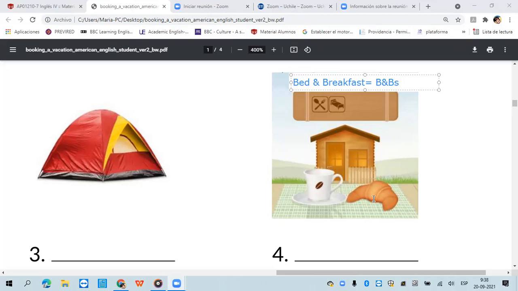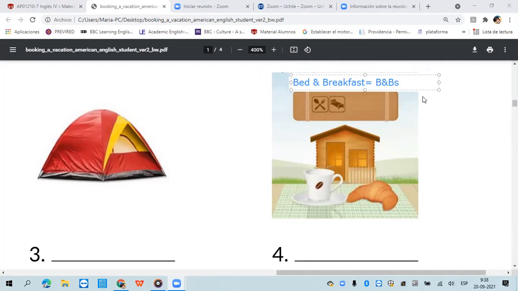Here we can see breakfast, yeah. No? In Valparaíso, before the pandemic, there were several bed and breakfasts, okay? Especially on the more touristic hills, like Cerro Alegre and Cerro Concepción, there were several of them, okay?